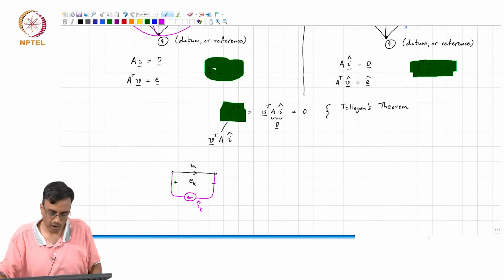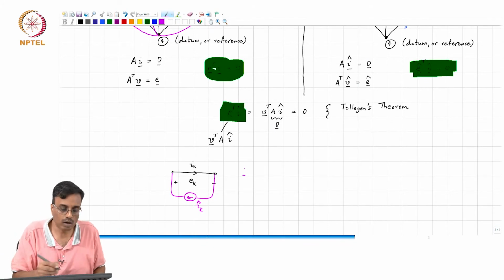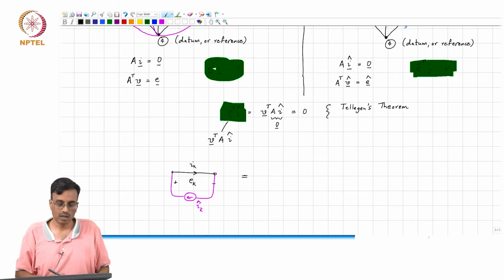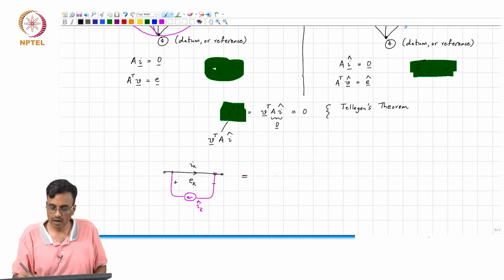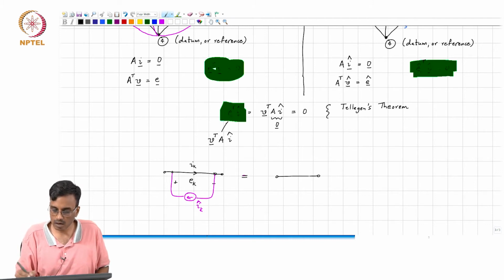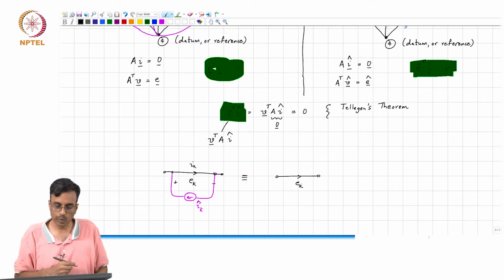And therefore, what comment can you make about this branch? If you think of this as a branch, what is the voltage across this branch? Ek. What is the current through this branch?